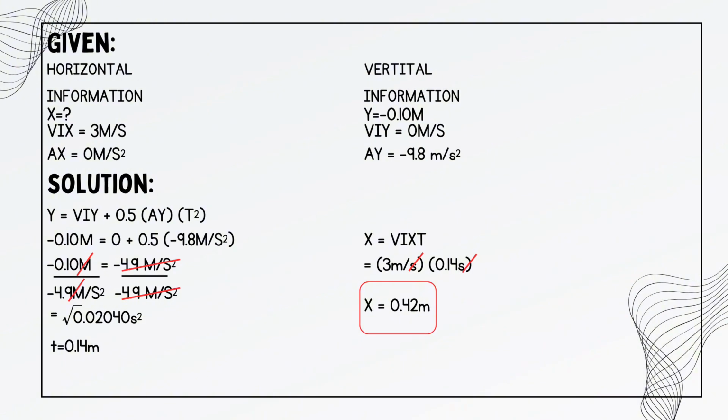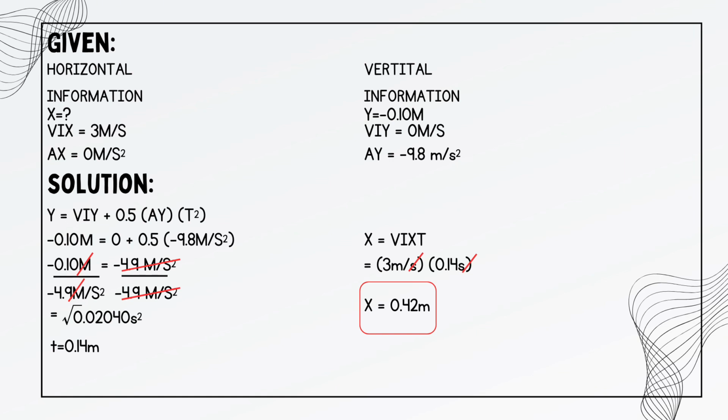Multiply 0.5 by negative 9.8 meters per second squared to get the answer of negative 4.9. Then divide it by 0.10 meters and the answer will be 0.02040 seconds squared. Then take the square root to get the value of time, which is 0.14 seconds.